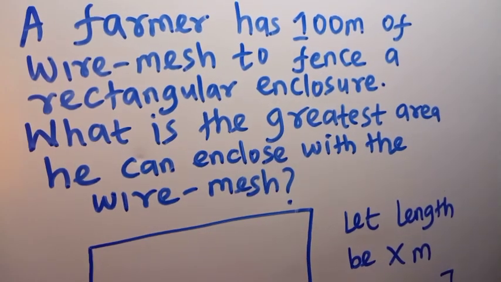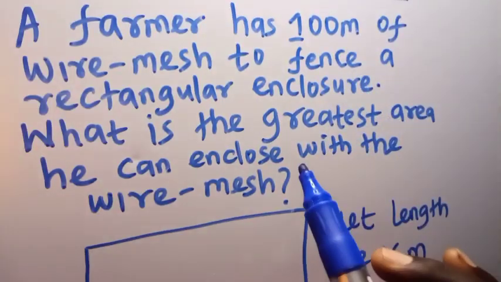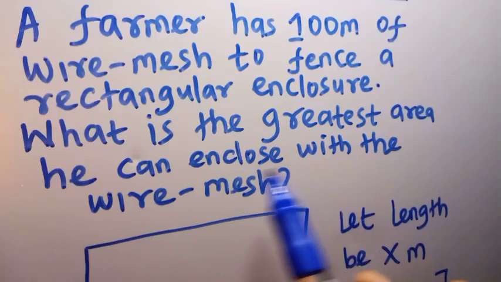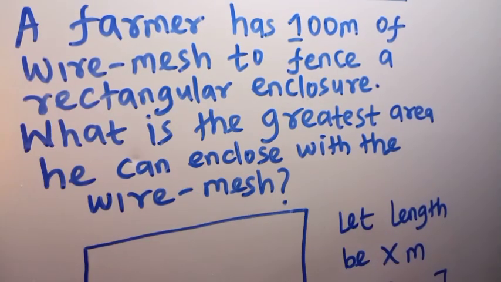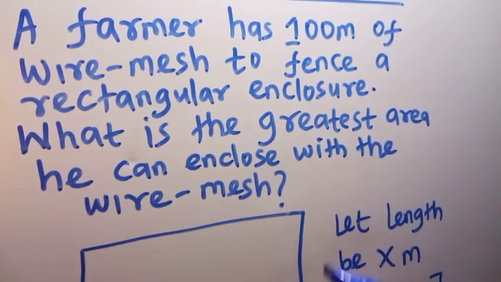Looking at our question, a farmer has 100 meters of wire mesh to fence a rectangular enclosure. What is the greatest area he can enclose with the wire mesh? Now, we have represented our question on a diagram.